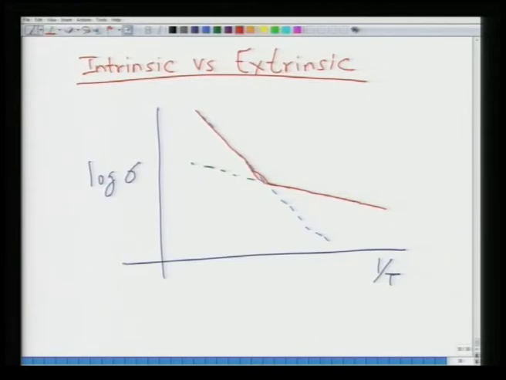It is basically a straight line. My hand is not very stable. So, this is your extrinsic region, this is your intrinsic region. Again the regions are similar as in case of diffusivity. The only difference is that instead of diffusivity you have conductivity.